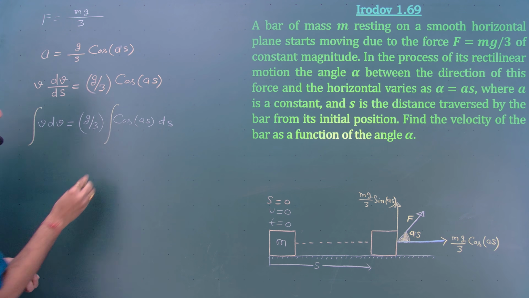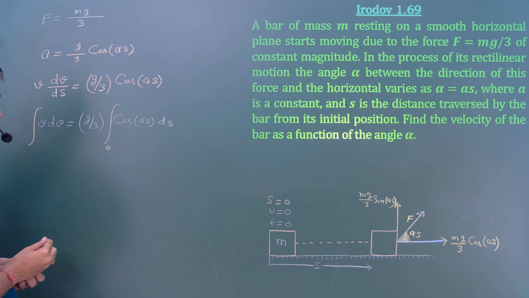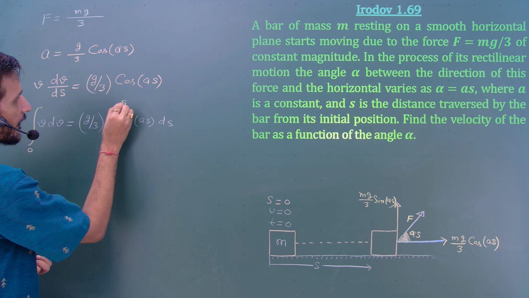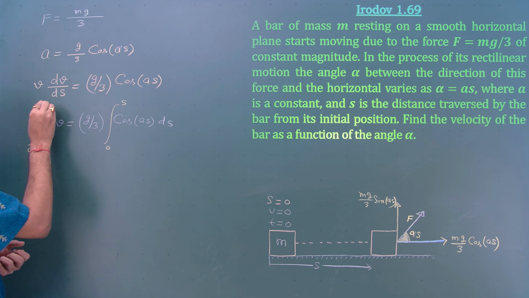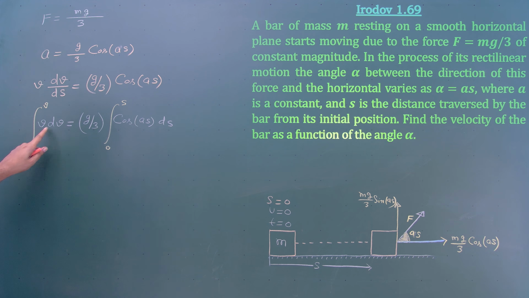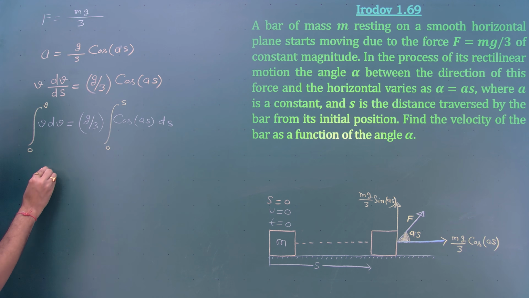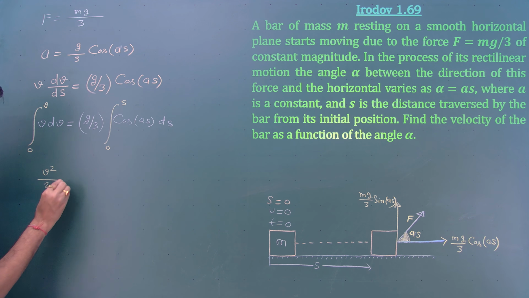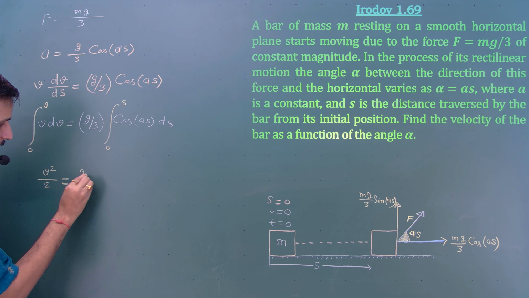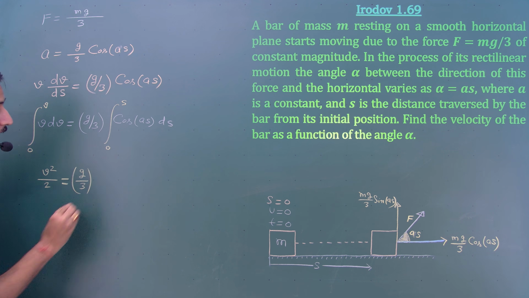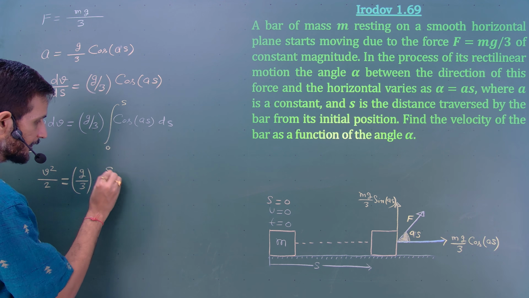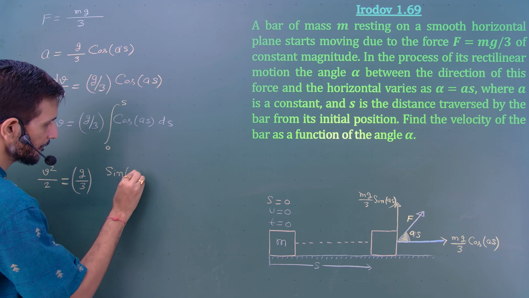This is a constant. So when s is 0, v is 0. At any distance s, let me call the velocity v. So the integration of this part is v square by 2 should be equal to g by 3, and integration of cos theta is sine theta.